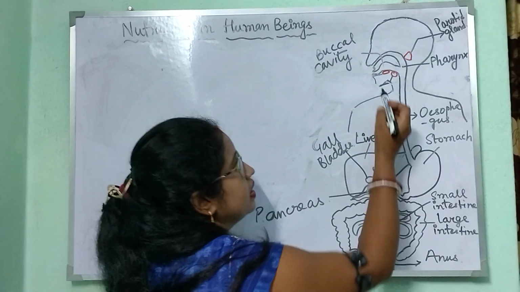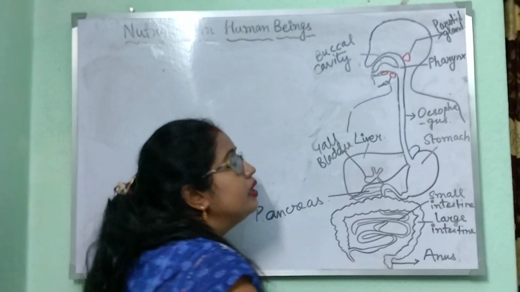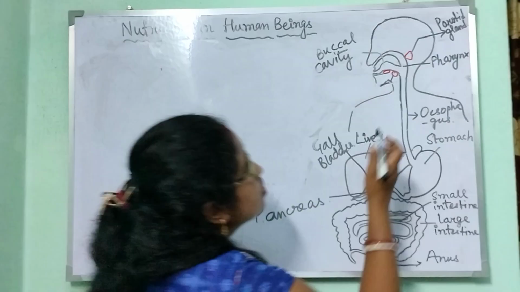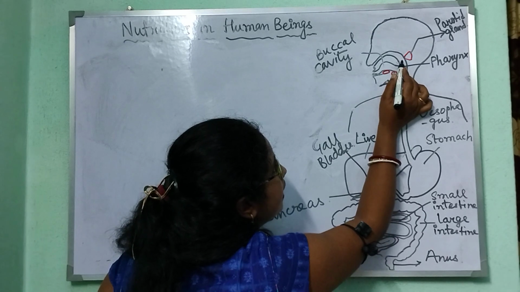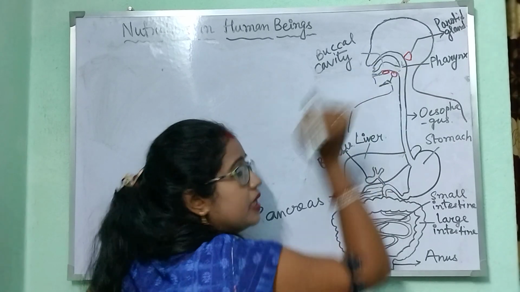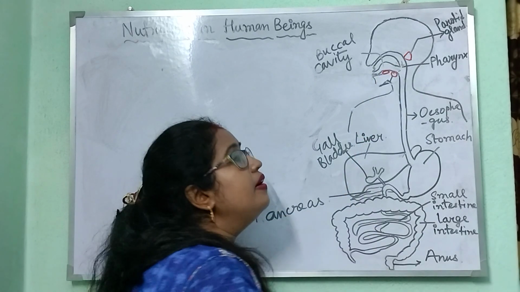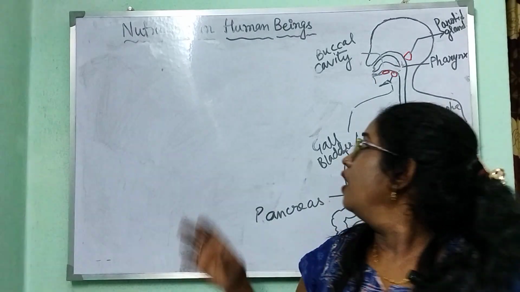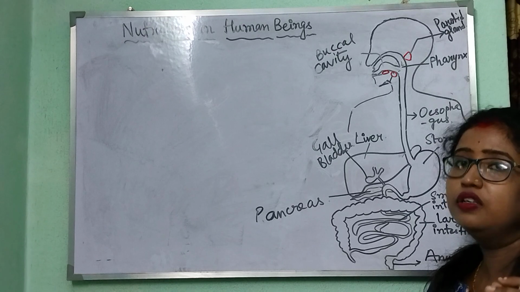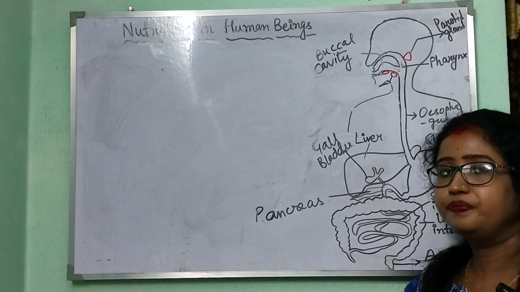Pharynx is basically the region behind the buccal cavity, and this is a common passage for food and air to pass. So the pharynx is a common space where the food material and the air pass. It helps to move the food from our buccal cavity to the esophagus region.